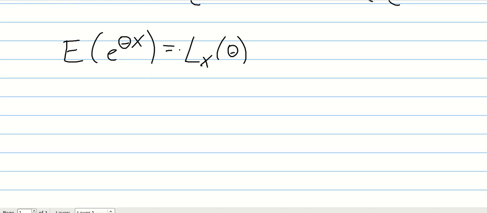It's a Laplace transform, and as soon as this is finite for some theta, it's going to be finite for a whole interval. So suppose that it's finite at theta 0, so it's going to be finite for every value up to theta 0.